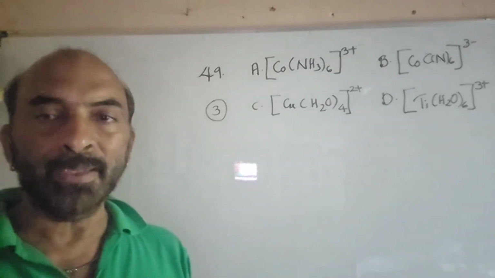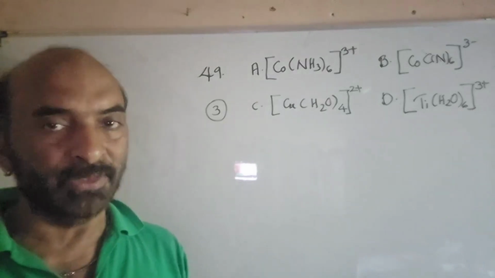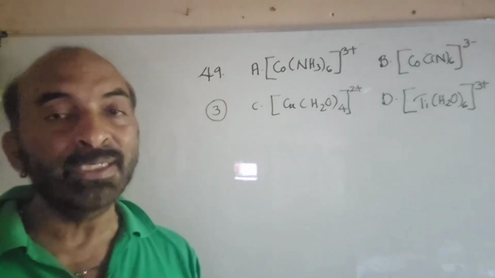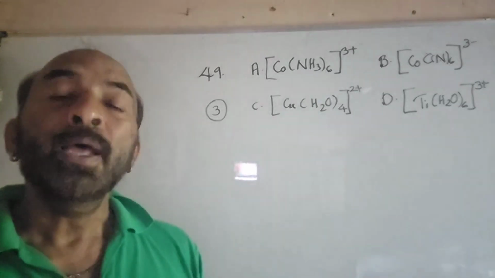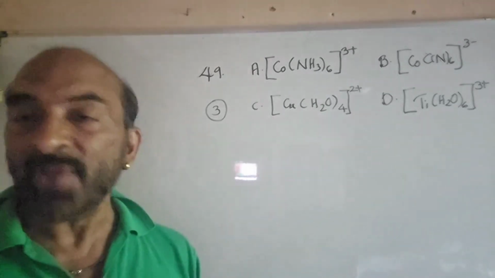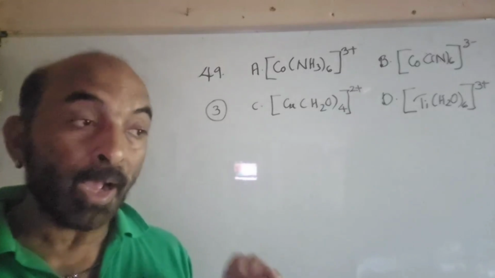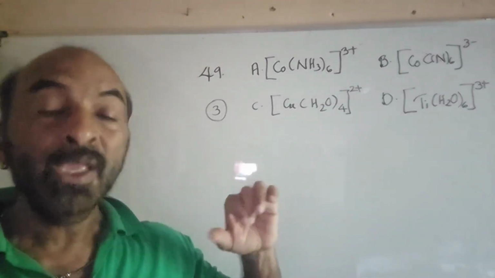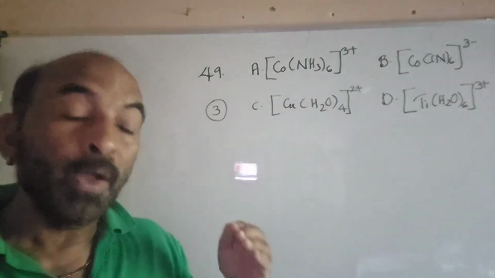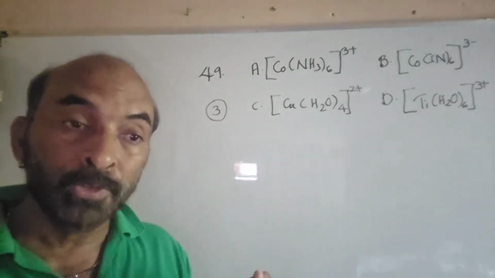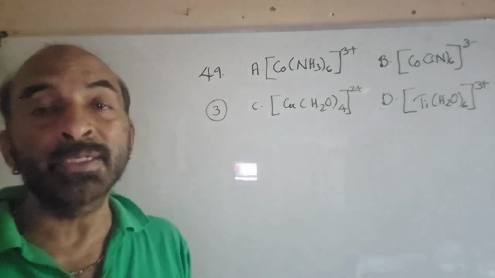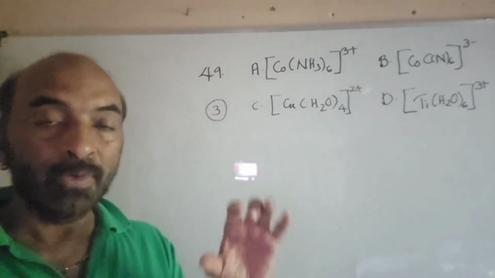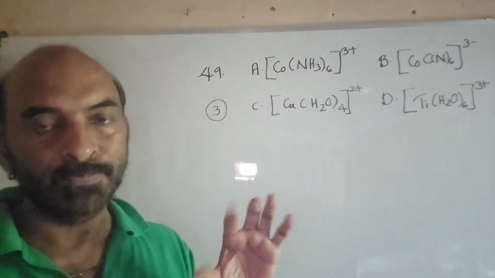We have to remember that electrons are absorbed for d-d transition, the t2g to eg transition of electrons. An important factor that affects this absorption is that octahedral complexes have greater d-d splitting, and so naturally octahedral complexes absorb higher frequency radiation when compared with tetrahedral complexes, which have low d-d splitting.